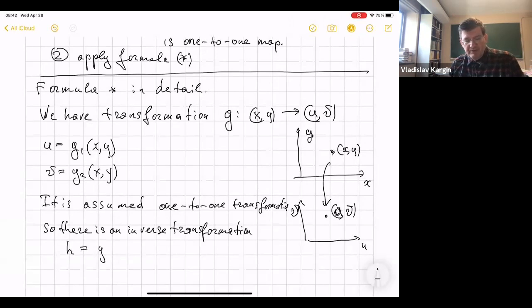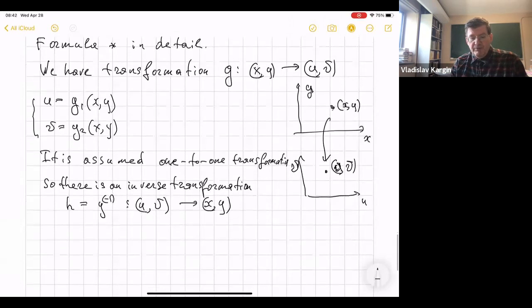So it is equal to g^-1, and it maps u and v back to x and y, such that if you do g and after that h, you get back to x and y. So you solve this system of equations in terms of x and y.